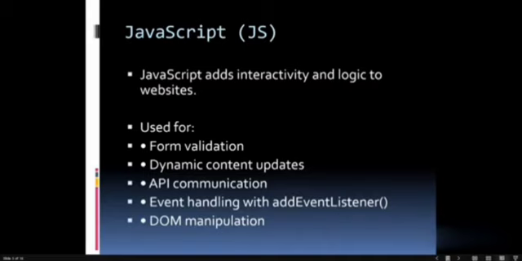It connects to the backend using the fetch API, so data updates without page reload. For example, when a user clicks Book Now, JavaScript collects all input data, sends it to the server, and displays a booking confirmation, all in seconds.